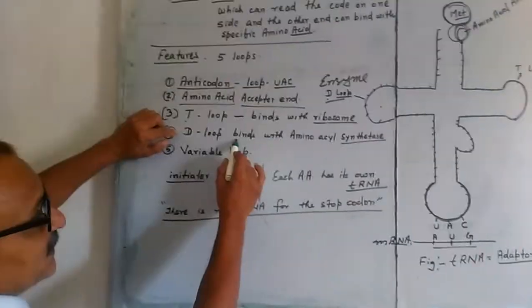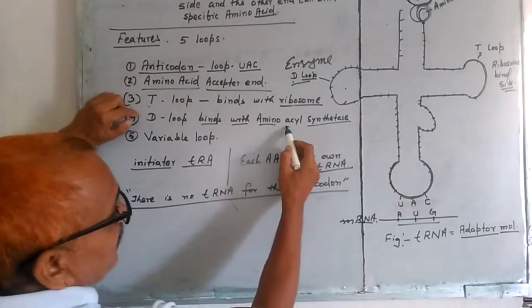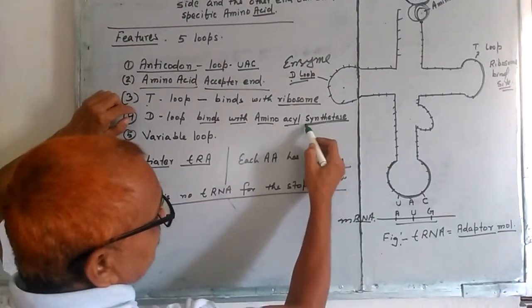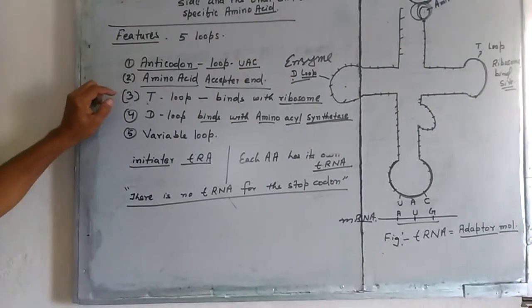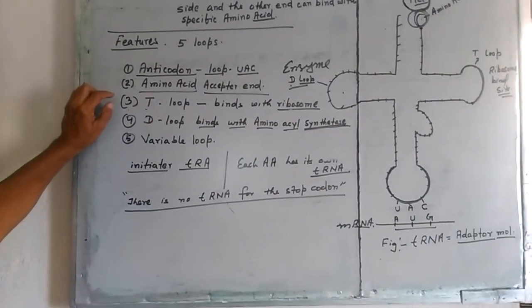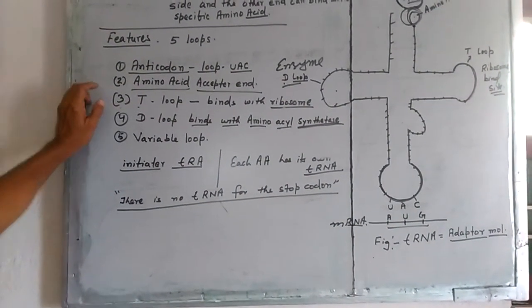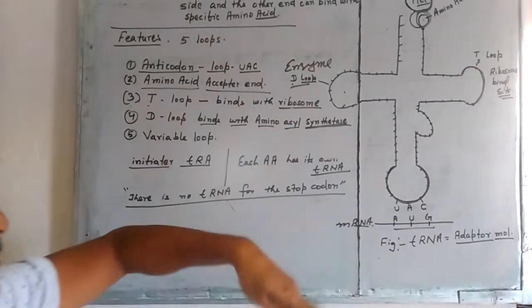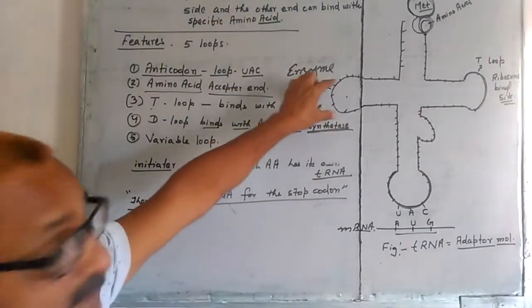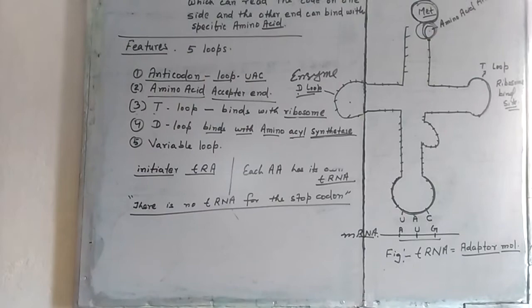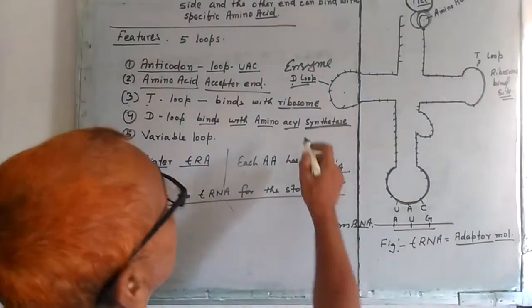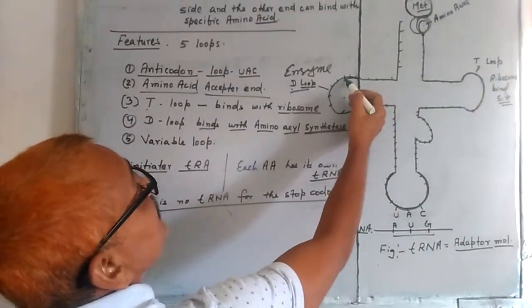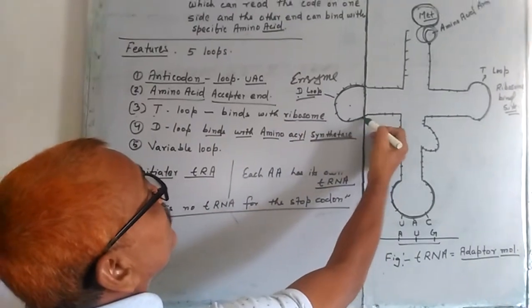So the D loop binds with the amino acyl synthetase during charging of the amino acid. The enzyme is required, as all reactions are enzymatically controlled. So this site is an enzyme binding site.